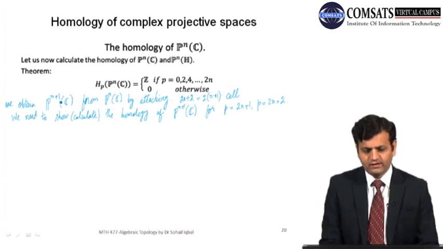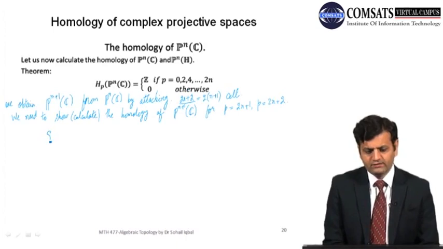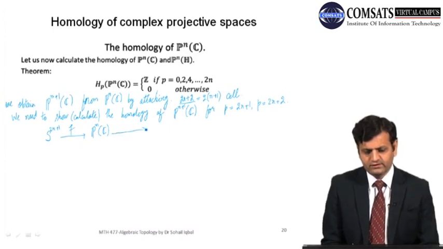Now, if we are obtaining the n+1 dimensional projective space from the n dimensional space by attaching a 2n+2 cell, then we should have a map from the boundary of this 2n+2 disk. So this attaching requires a map from S^{2n+1} to P^nC. This is our continuous function, and of course P^nC is included inside the n+1 projective space.